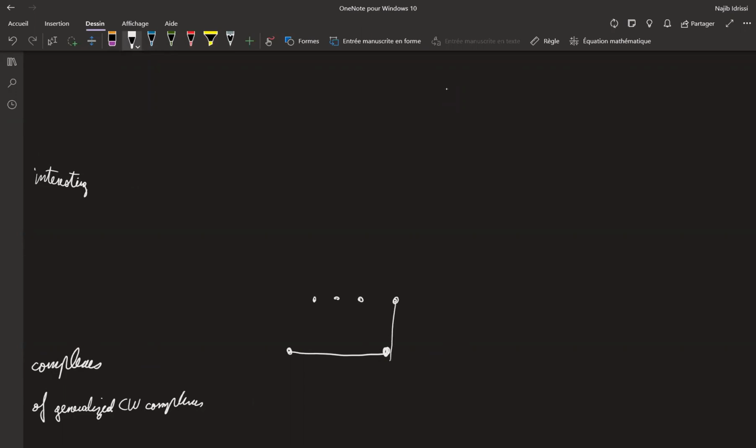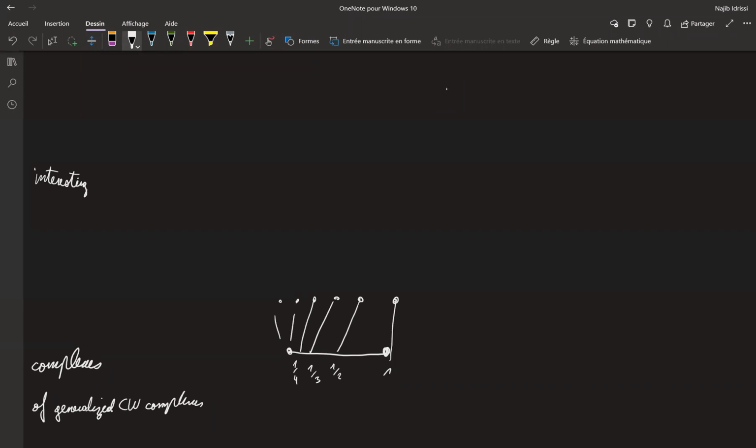So you glue one like this at 1, then at 1/2, then at 1/3, and then 1/4, and so on. And so you can prove that this space, by definition a relative generalized CW complex, is not a CW complex. It's not homeomorphic to a CW complex.